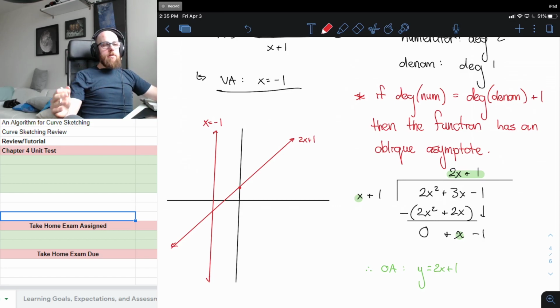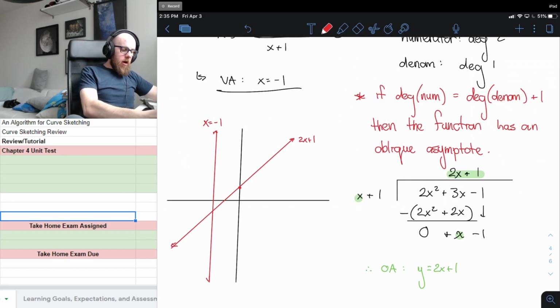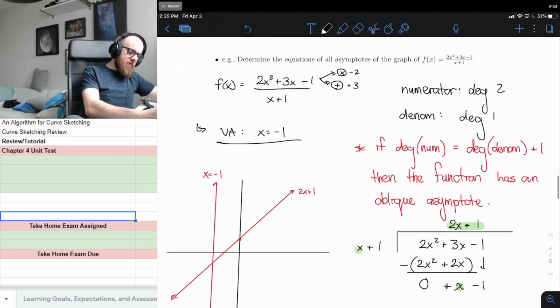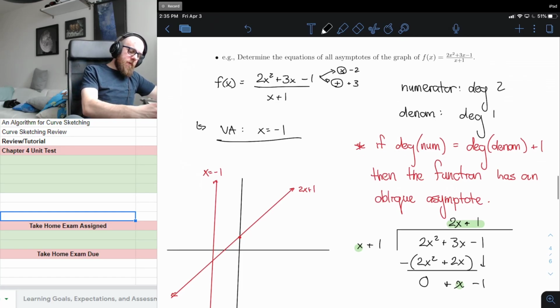Okay. Now there are many ways of figuring out whether my function is going to do this and this, or this and this, right? It's kind of tough to know exactly based off the info that we currently have. What we could do is figure out the y-intercept.